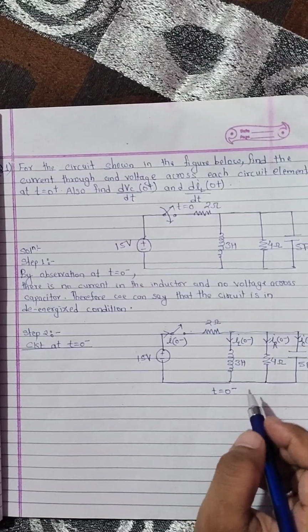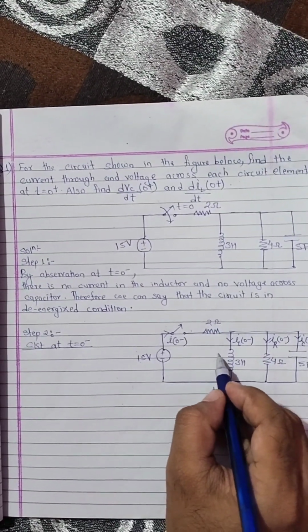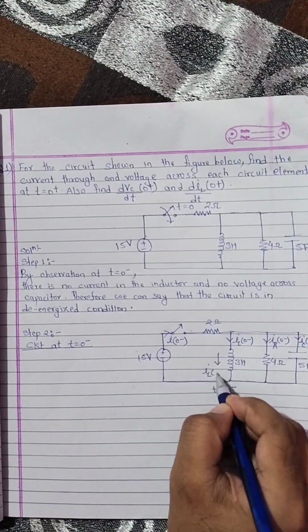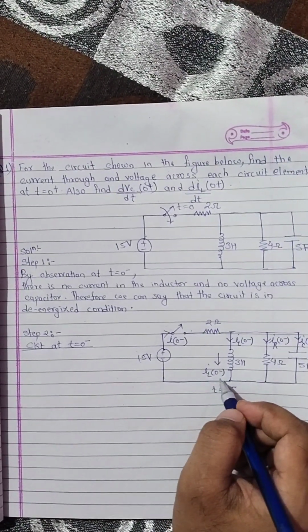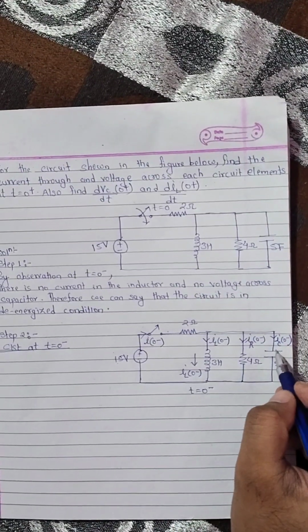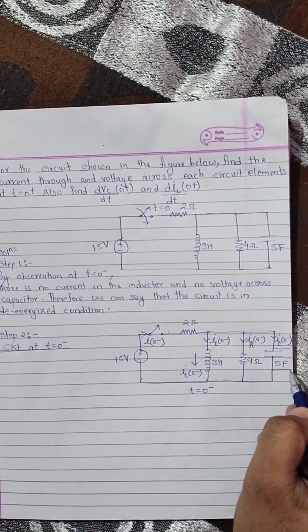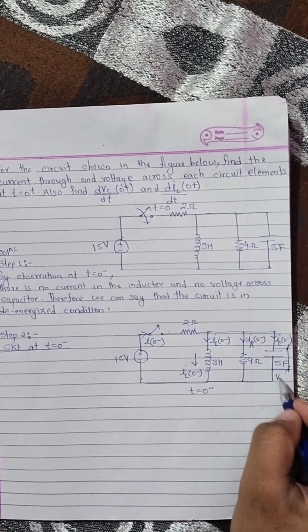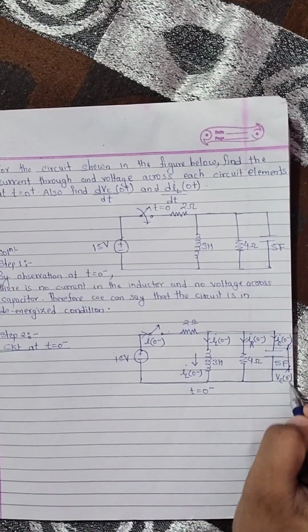Our target is to calculate the current in the inductor, that is IL0 minus, and the next target is to calculate the voltage across the capacitor, that is VC0 minus.